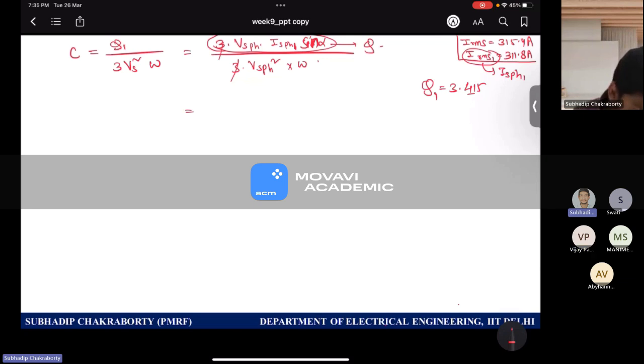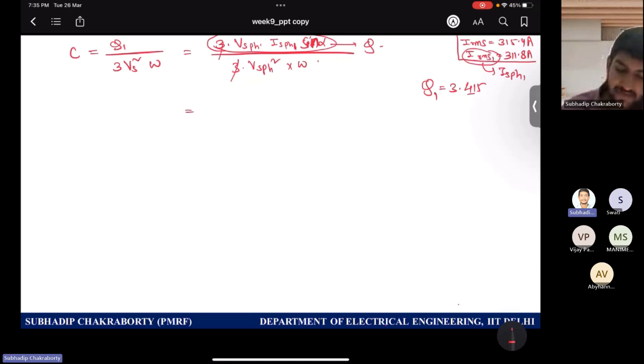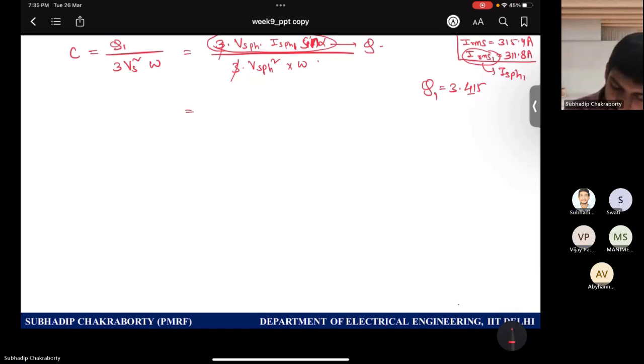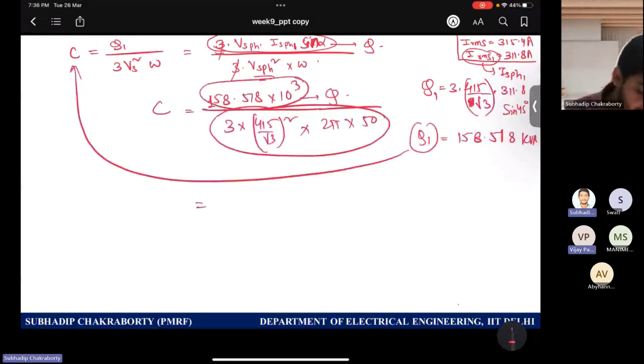That gives 158.5 kilovar. So 158.518 into 10 to the power 3 is the net reactive power Q, divided by 3 times V phase square. V phase is 415 by root 3, whole square, into omega. Omega is 2 pi into f. So what is the C value? You tell me in microfarad.